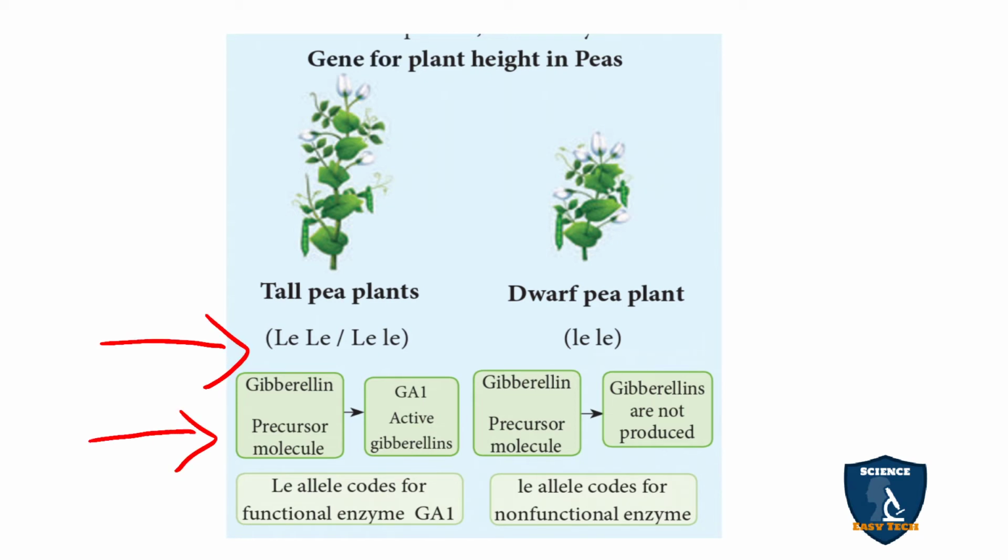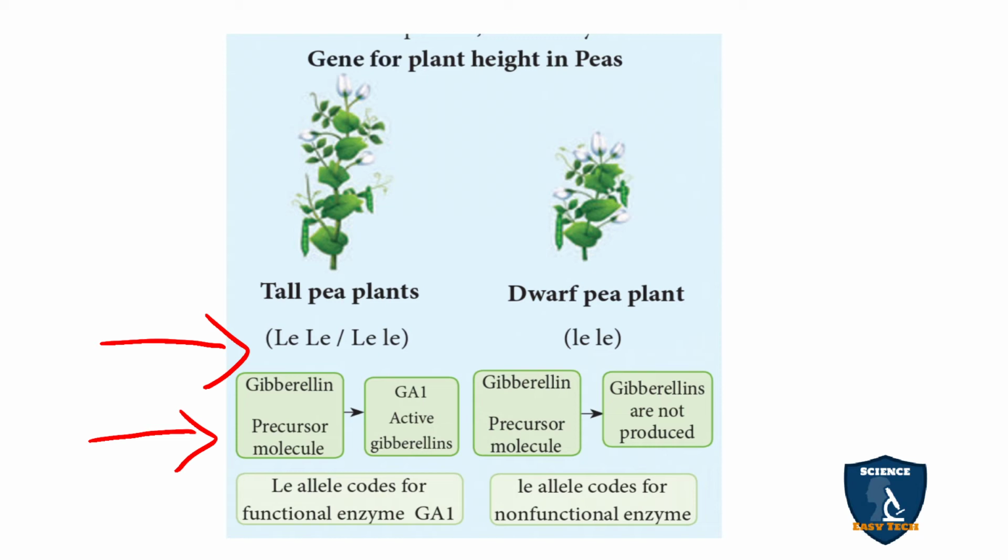You studied the physiological effects of gibberellin last year, which is responsible for tallness. It is a hormone which, when synthesized, is responsible for the plant height. Okay, so gibberellin is a precursor.